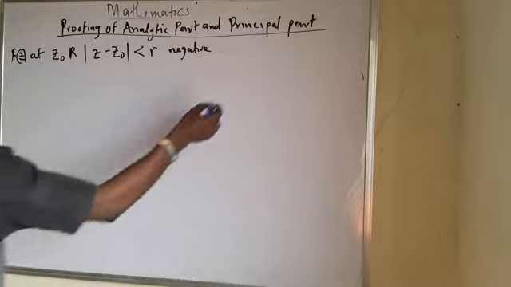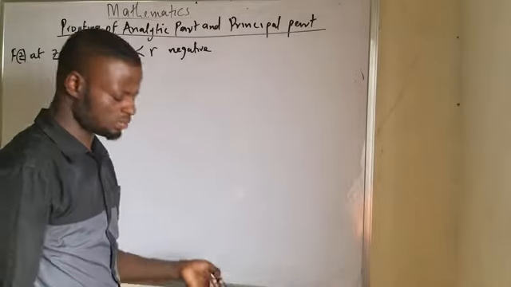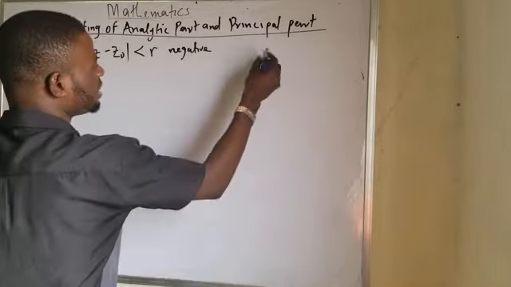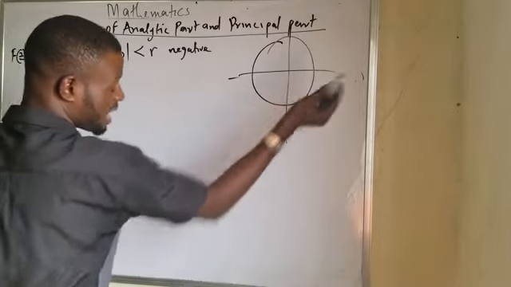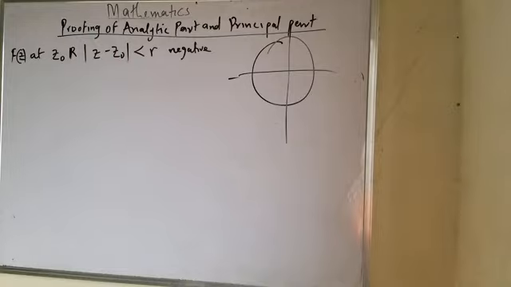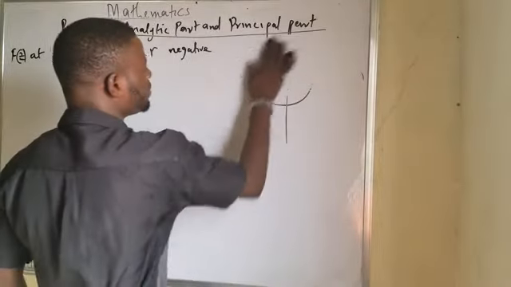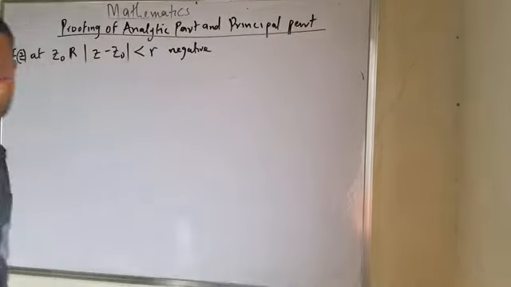I think I've shown that when I was talking about Maclaurin series, that I have a circle like this. Check our Maclaurin series video. We have done that before when I was explaining Maclaurin series.